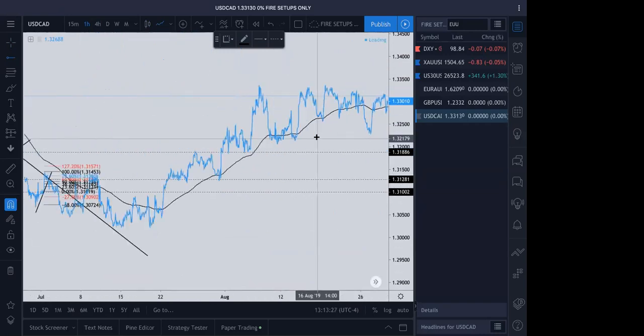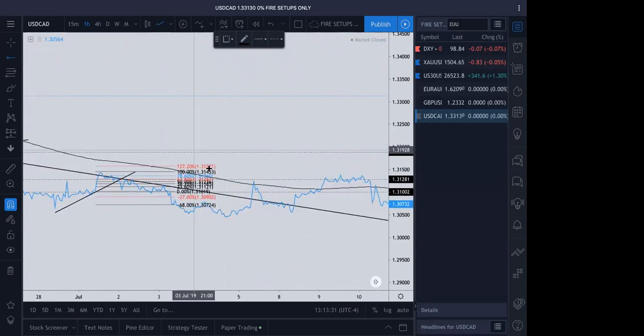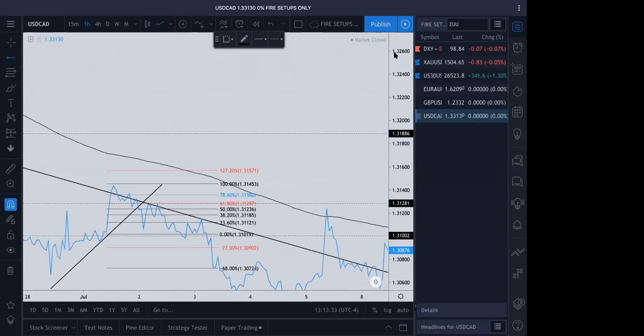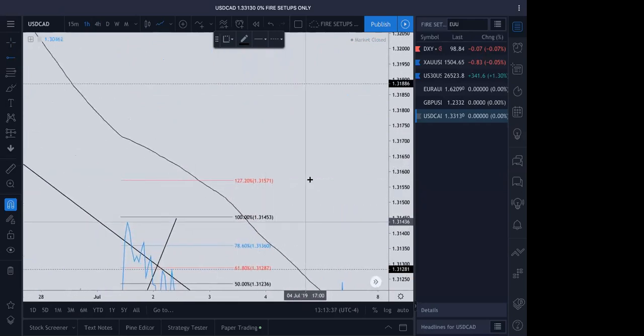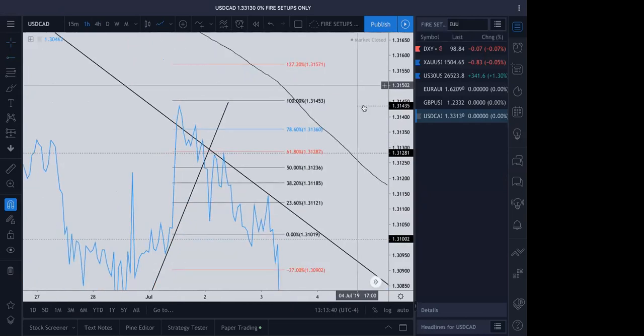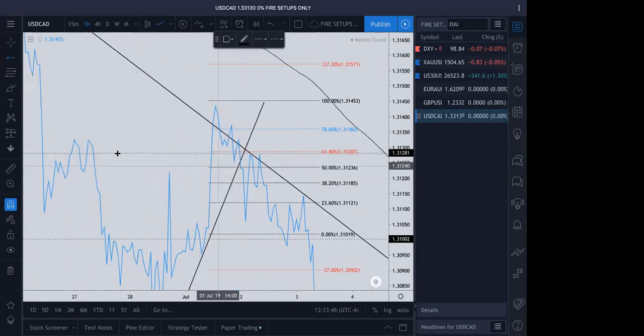Let's zoom out. Zoom out. Yeah, okay. You found it, perfect. The 78.60 level.